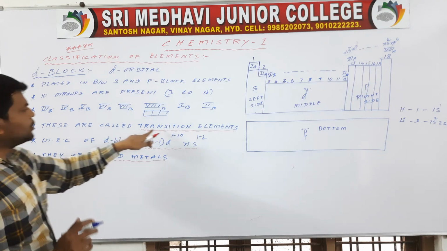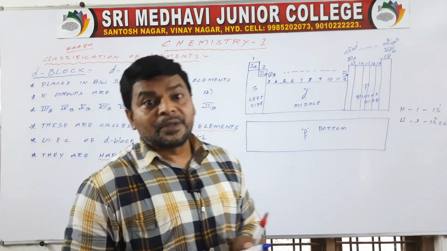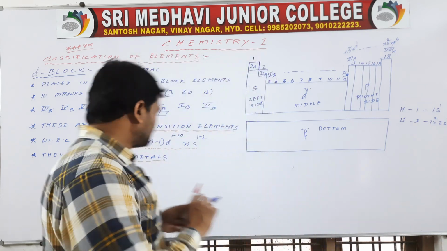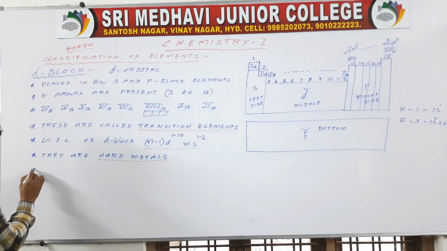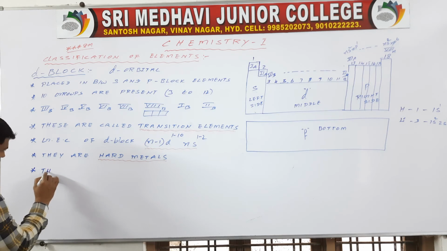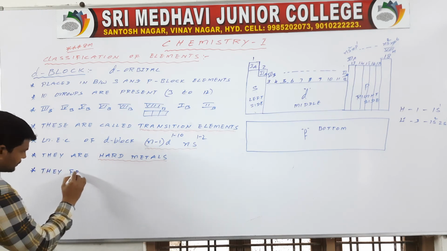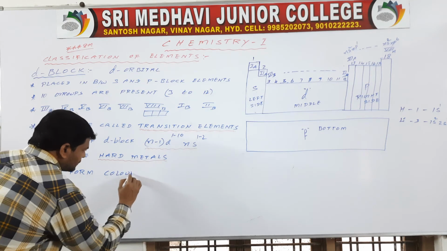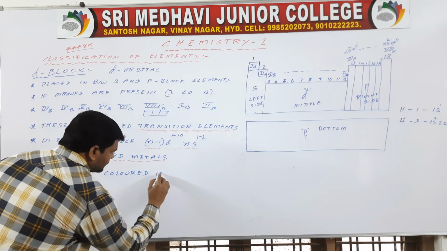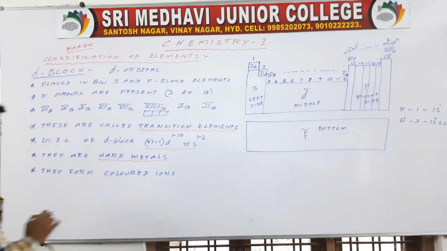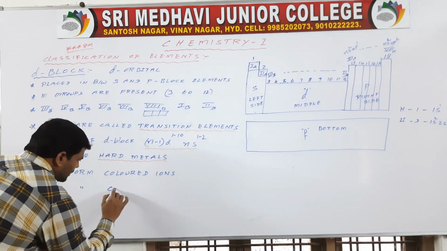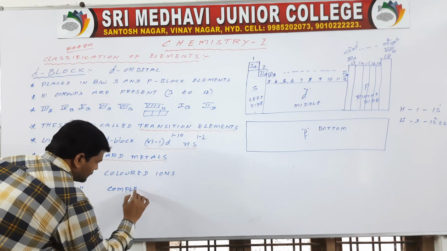See, due to presence of unpaired electrons, they form some typical properties. Means they form colored compounds, they form colored ions. Next, they form complex compounds.